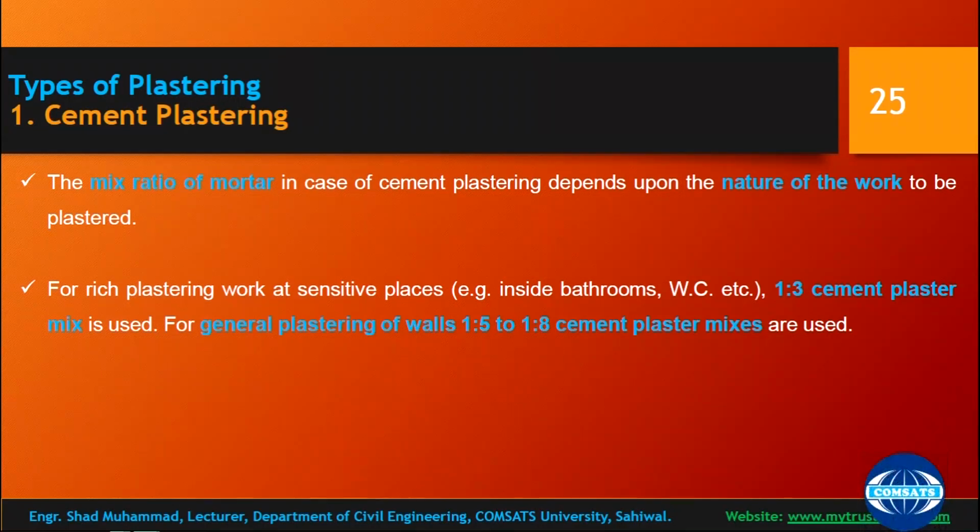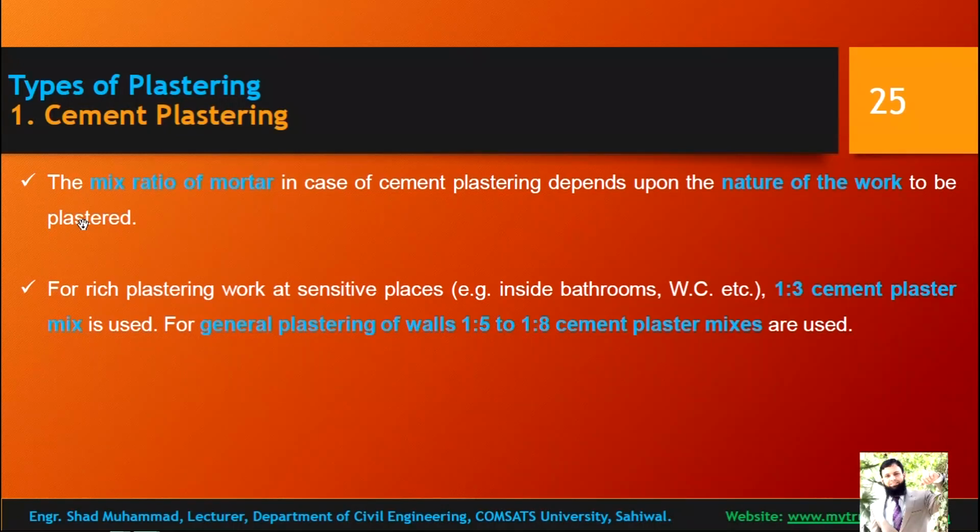Cement plastering. The mix ratio of mortar in case of cement plastering depends upon nature of the work to be plastered. The mix design of the mortar certainly depends upon the nature of the work which needs to be plastered.